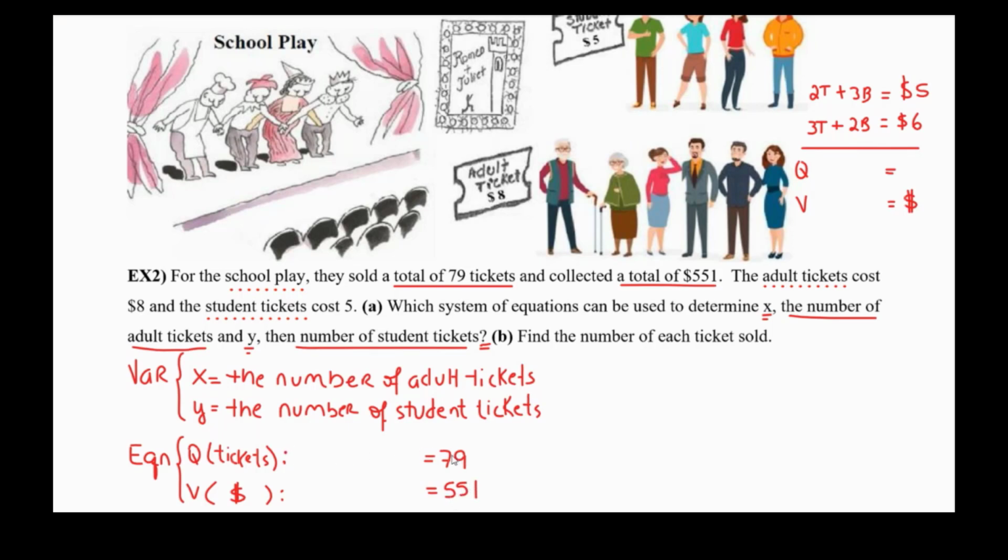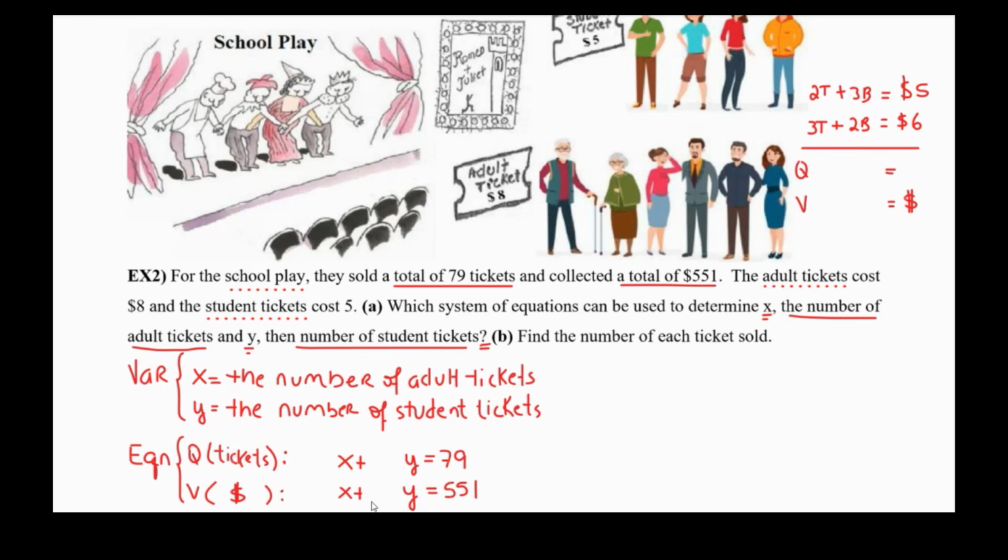Notice that the first equation has to do with the total of things, and the second equation, the value of those things. In these types of situations, you look at the variables and write these two operations, x plus y on the top and x plus y on the bottom.